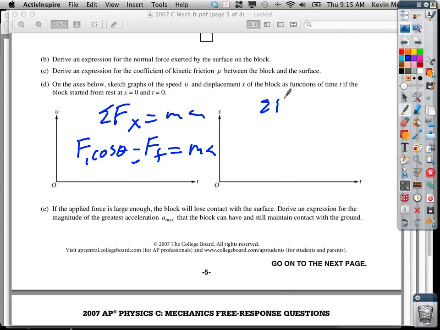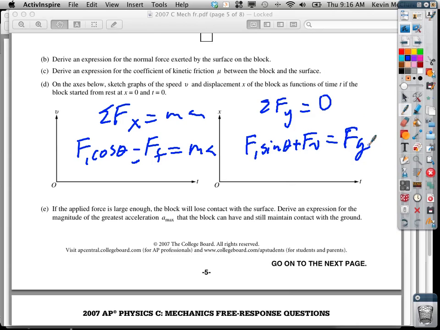And then the sum of the forces in the y is equal to 0, because if it's still maintaining contact, we don't have a net force yet. And in that case, we know that F1 sine theta plus Fn is equal to Fg.